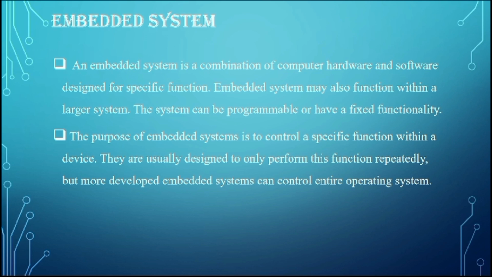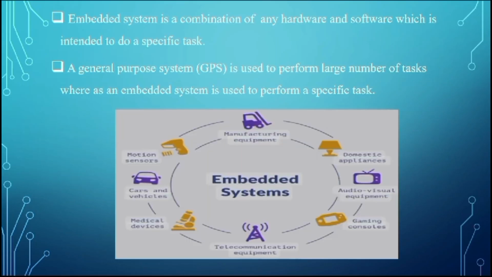They are usually designed to perform this function repeatedly, but a more developed embedded system can control an entire operating system. A general purpose system is used to perform a large number of tasks, whereas an embedded system is used to perform a specific task. This figure shows how an embedded system works.